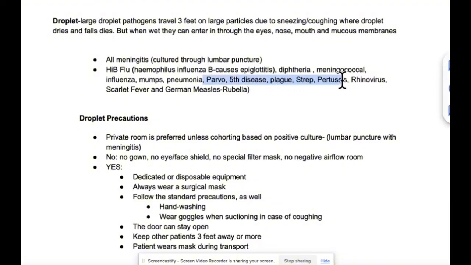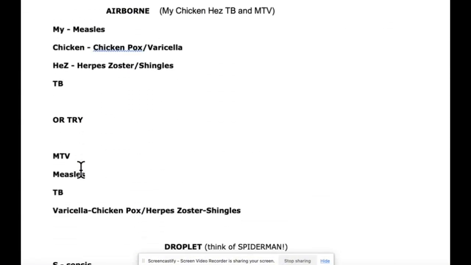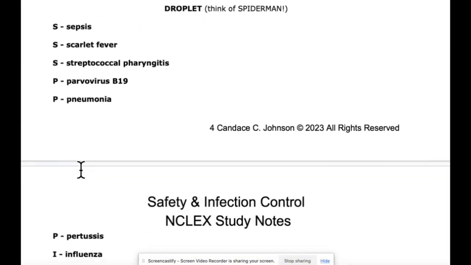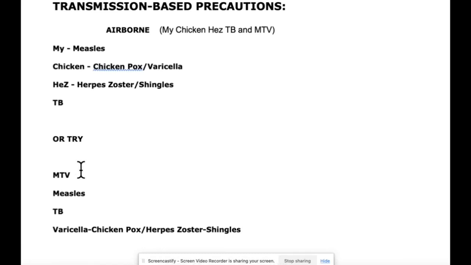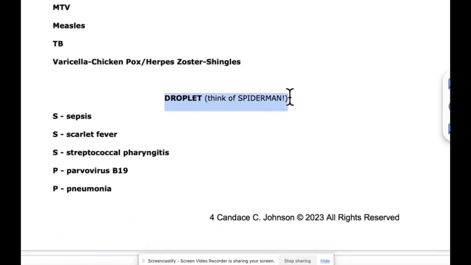You might be saying, am I going to have to remember all these droplets? Well, there are more droplet diseases than a lot of others. So let me just show you really quickly, before we go over those precautions, where I've housed some mnemonics that might help you with thinking through the different diseases that go along with each of the different communicable areas, like airborne versus droplet, right?